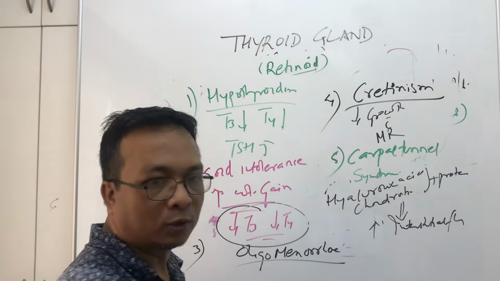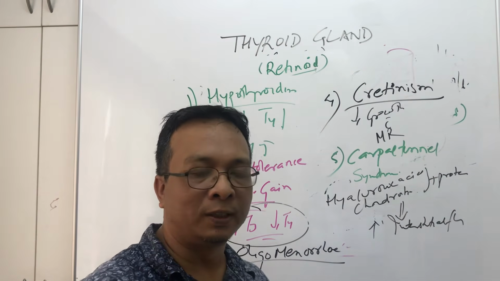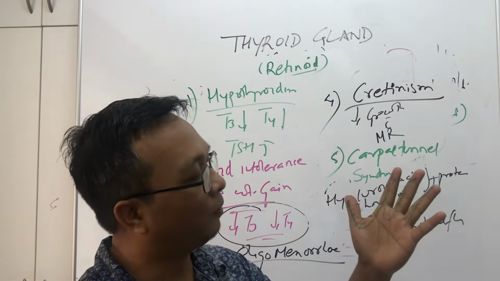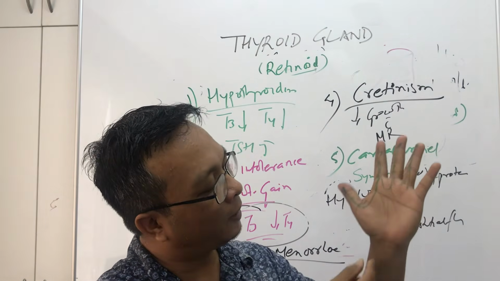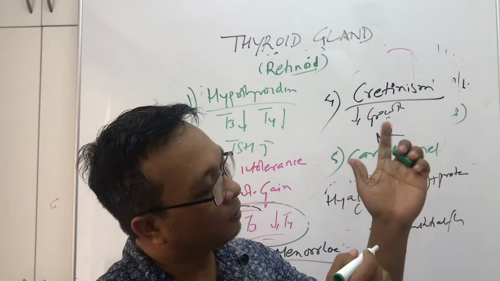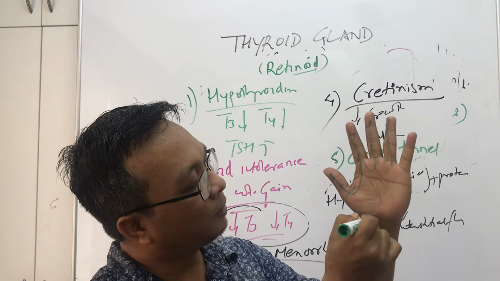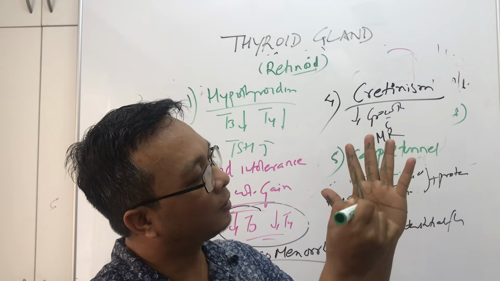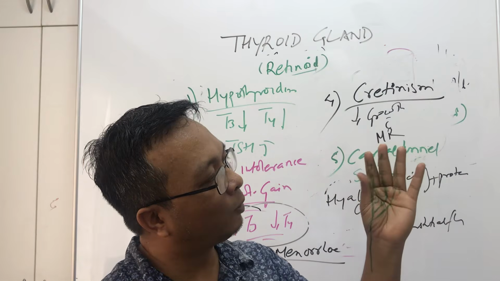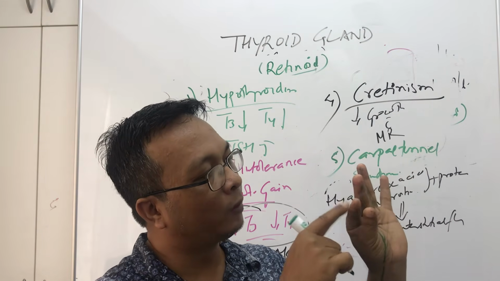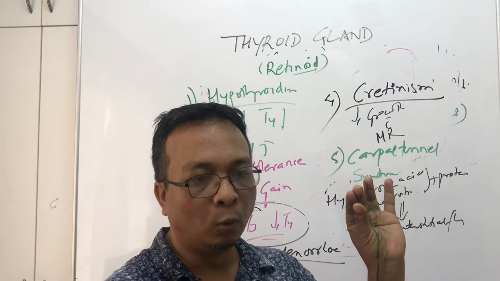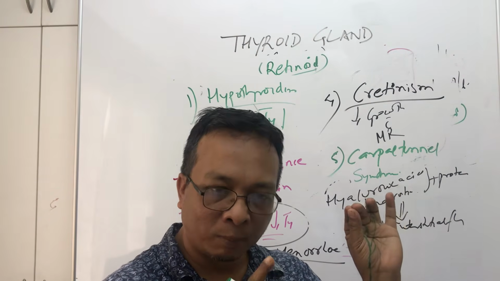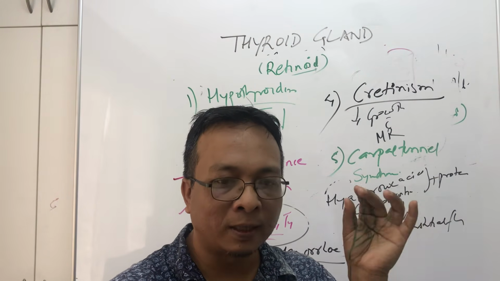So when this interstitial fluid is increased, it may compress the median nerve, which supplies these branches. So the patient will complain of pain in 1, 2, 3 and a half, weakness, numbness, and the most important complaint, they will say, I can't grip.